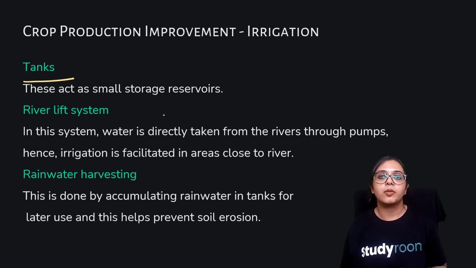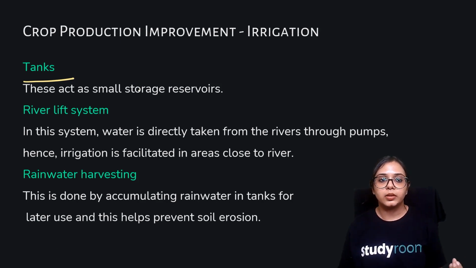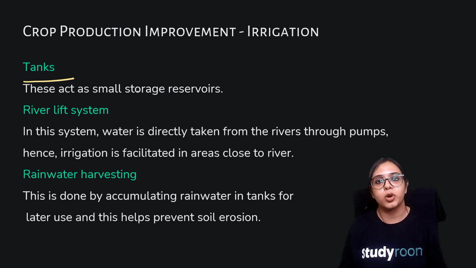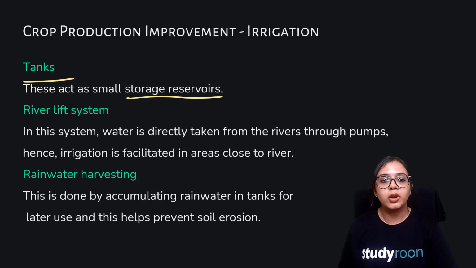Some tanks are used as small storage reservoirs. In the case of water need, when there is no water available from precipitation and there is some scarcity of water, you can extract water from this stored reservoir and irrigate the field.